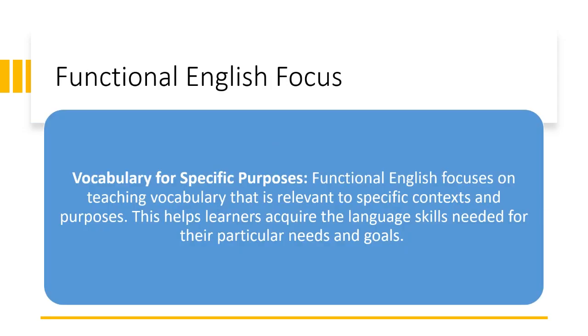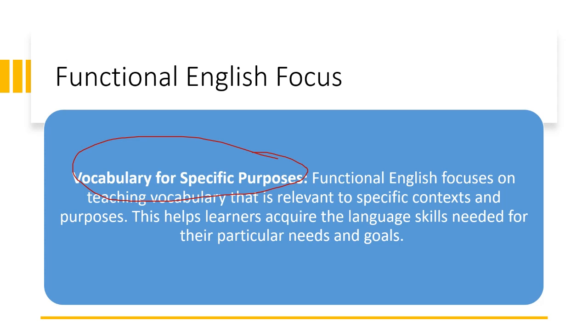Functional English focuses on vocabulary that is related to specific objectives. For example, if a student is studying mass comm, he or she would be taught vocabulary that's related to his or her field.